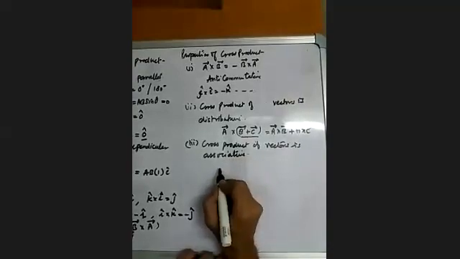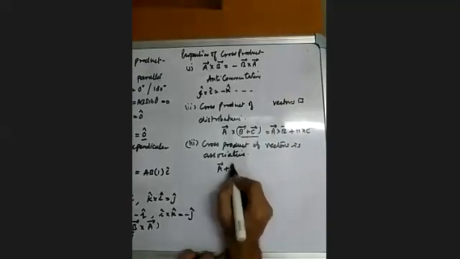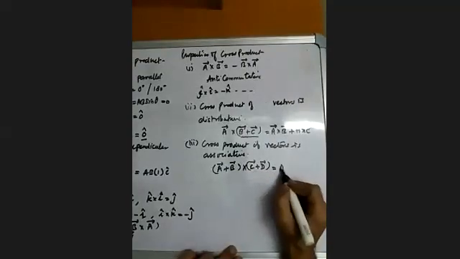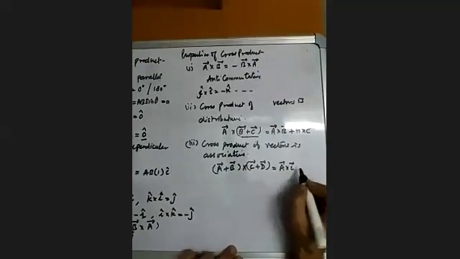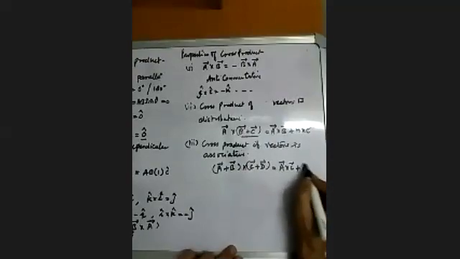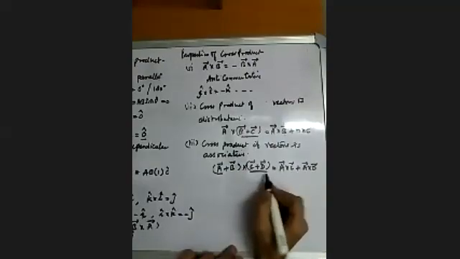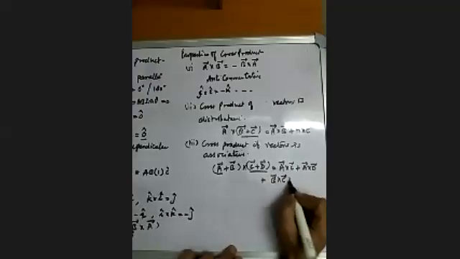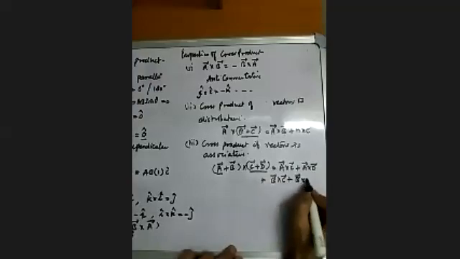So that means (a vector plus b vector) cross (c vector plus d vector) will be equal to a vector cross c vector plus a vector cross d vector plus b vector cross c vector plus b vector cross d vector.